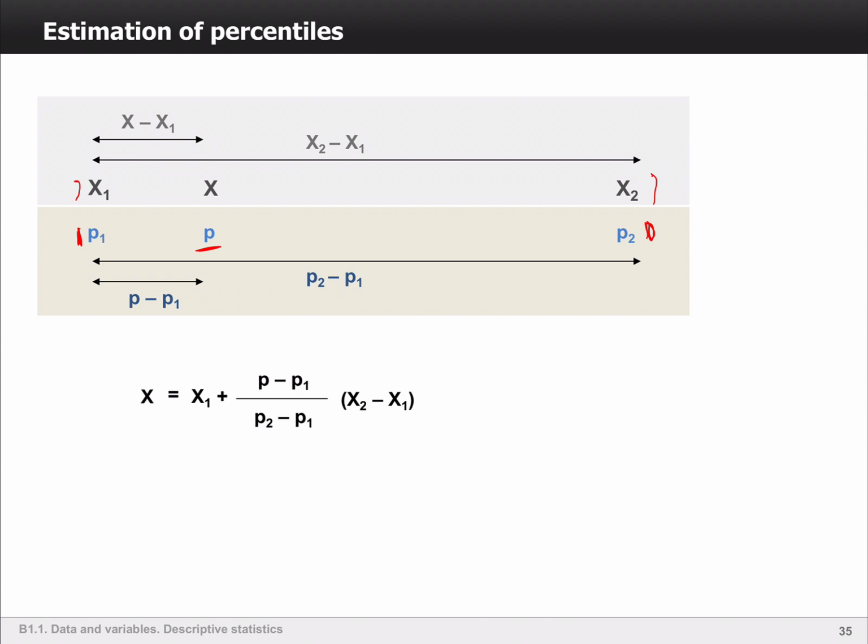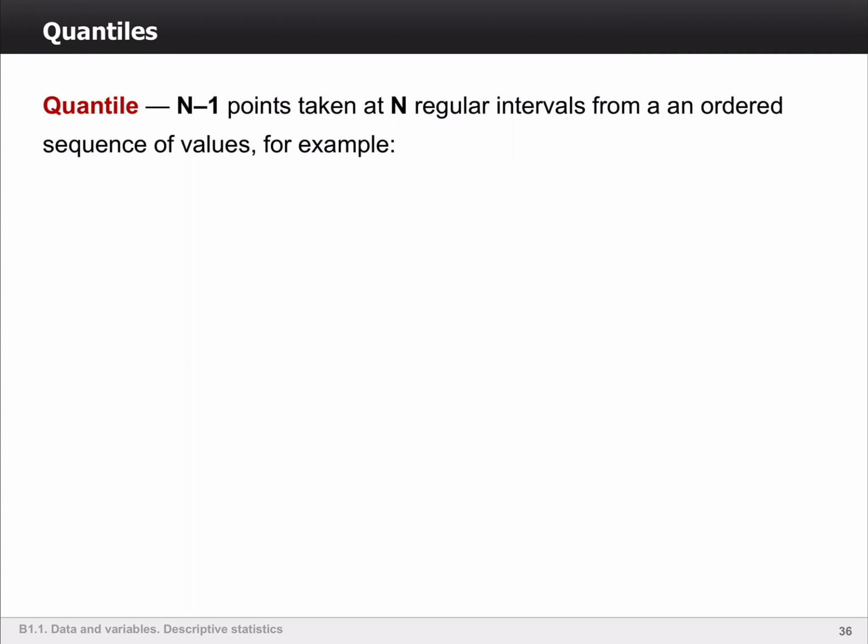Now this is p, which we know, the percent we are looking for, and then you have just one unknown x. By taking the ratio of the distances, we can write down this formula. So if you want, you can just replace p1, p2, x1, x2 with particular numbers, and easily calculate any percentile using this linear interpolation approach.